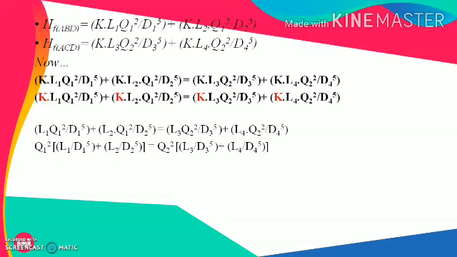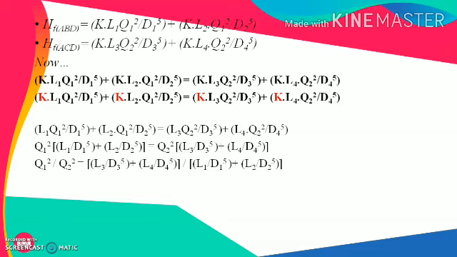So the ultimate equation becomes Q1 square multiplied by L1 upon D1 raised to 5 plus L2 upon D2 raised to 5 equals Q2 square multiplied by L3 upon D3 raised to 5 plus L4 upon D4 raised to 5. So now we will take the Q2 square on the left hand side and the other term in terms of L1 upon D1 raised to 5 plus L2 upon D2 raised to 5 on the right hand side.